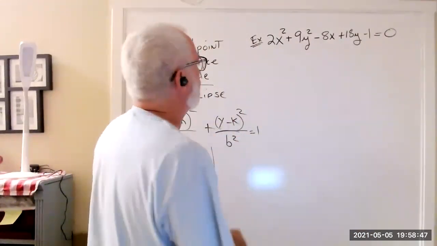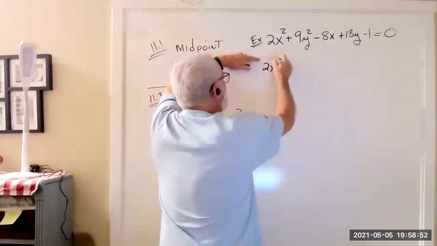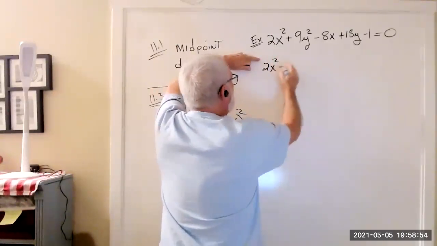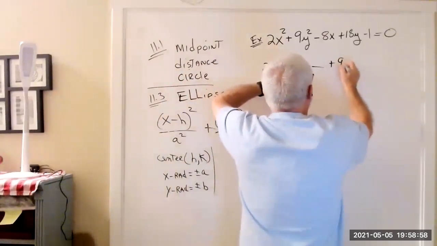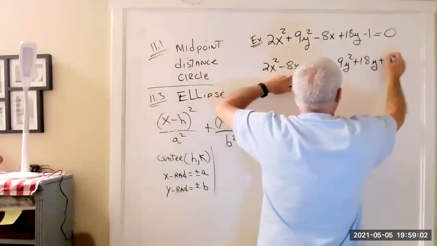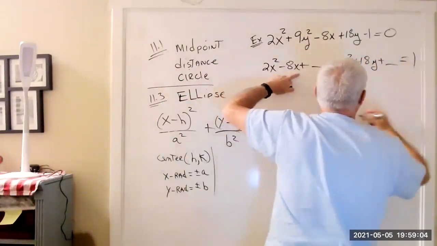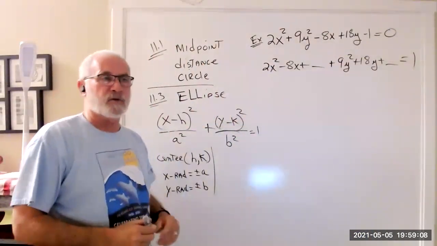All right, so we're going to start the same way. We're going to start with lumping our x's together. 2x squared minus 8x plus blank plus 9y squared plus 18y plus blank equals 1. Move the 1 to the other side. That's exactly the same thing we did for a circle.